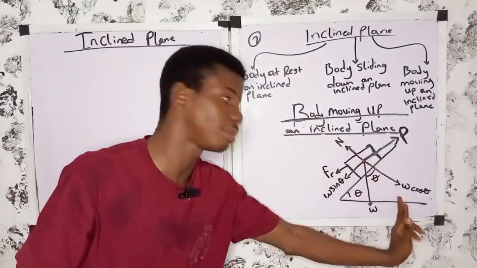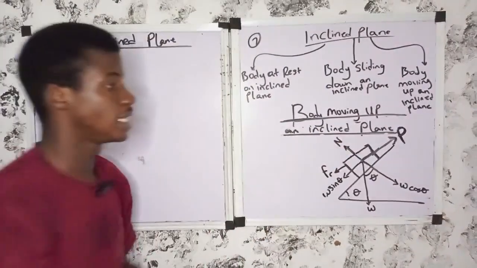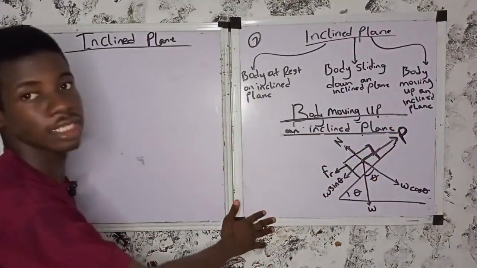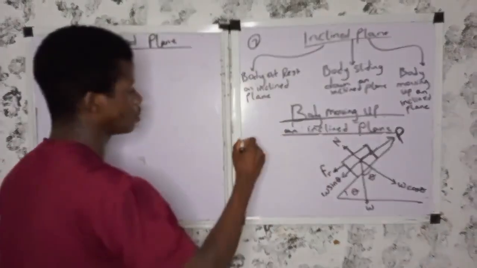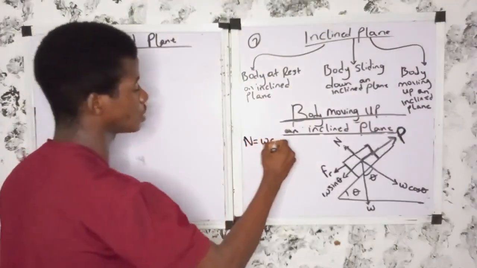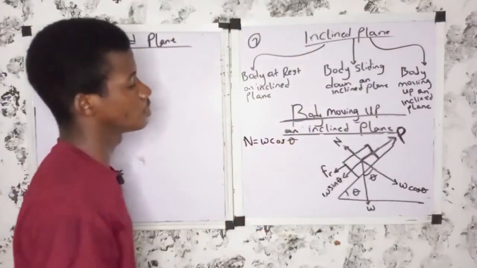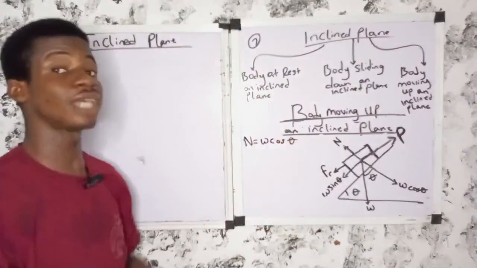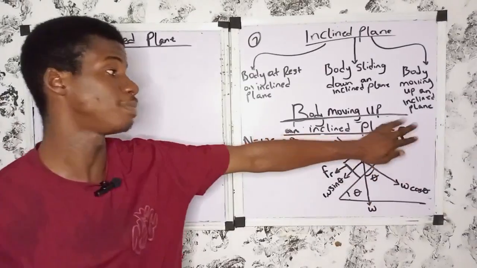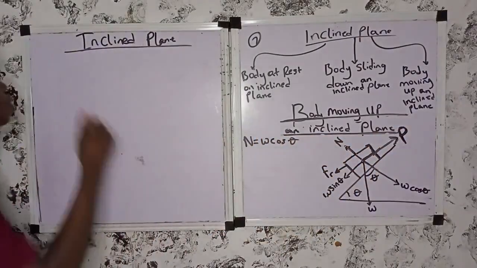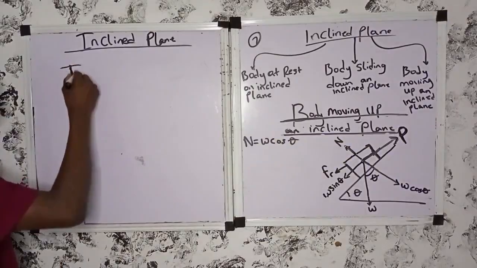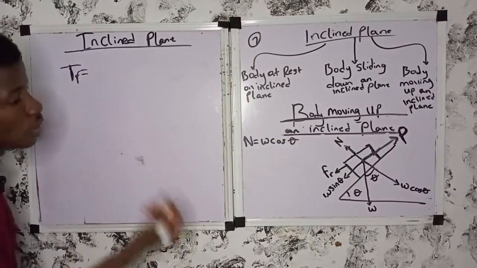These are the forces acting perpendicular to the plane, whereas these are the forces acting parallel to the plane. Now we all know that N is equal to W cos theta, right? So there are three forces acting parallel to the plane. So the total force acting parallel to the plane will be equal to what?